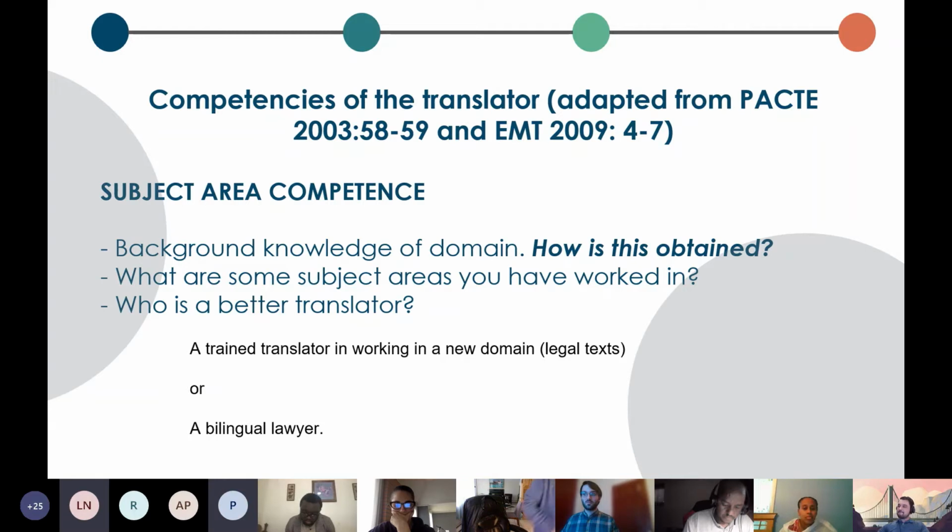Well, I'm an interpreter, and we've seen that being bilingual is not enough. You have to be able to explain the terminology in the other language. You have to be able to know the terminology.